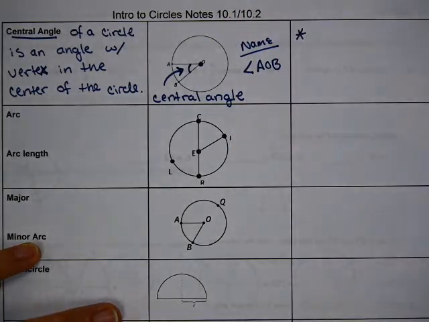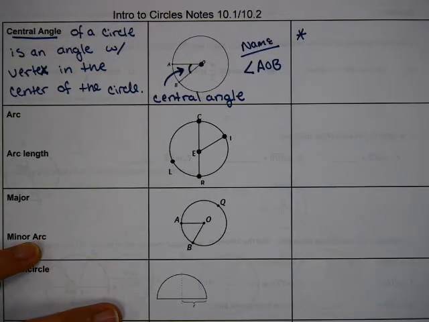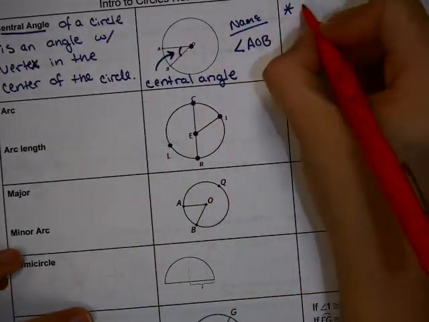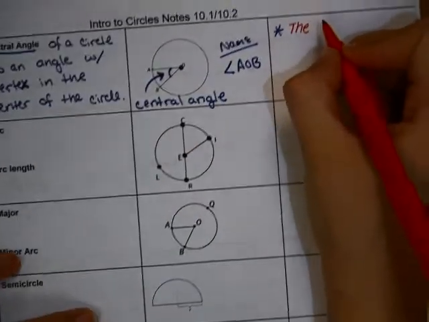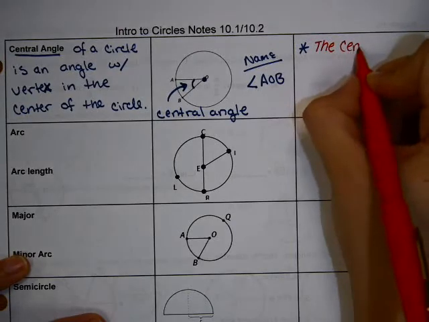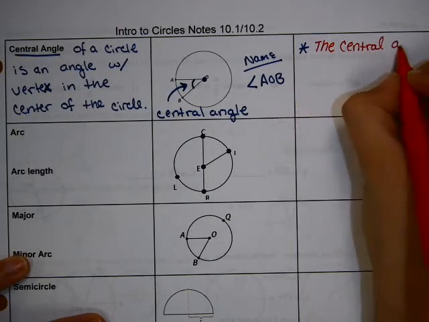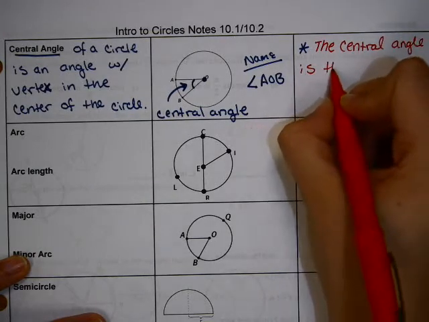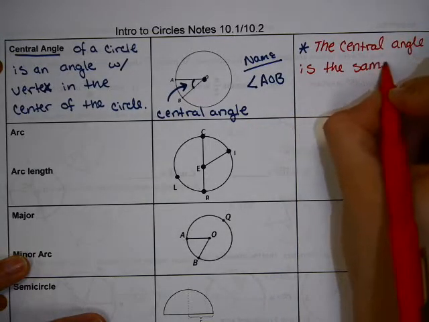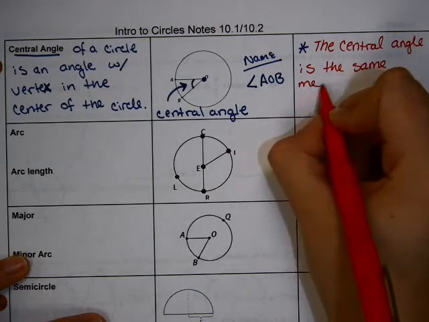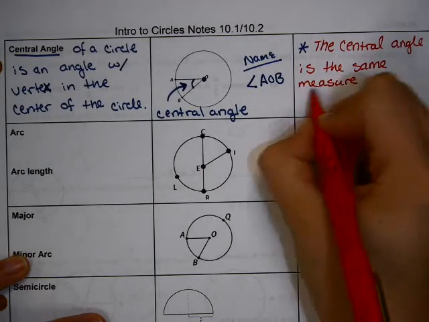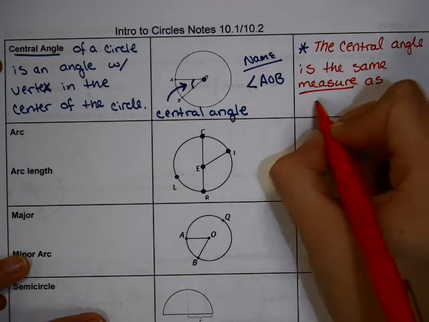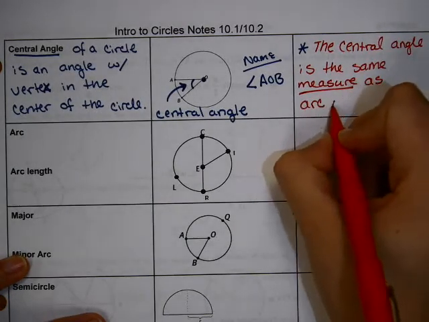Make note here that the central angle is the same measure, an underlined measure, as arc AB.